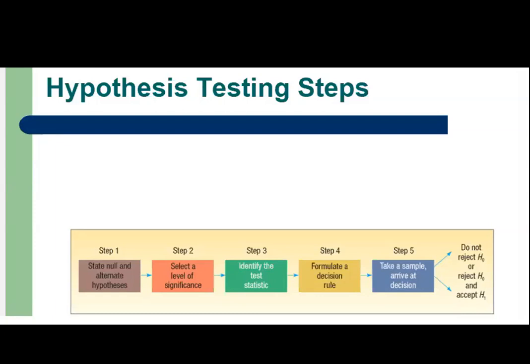For some problems, they will give you the confidence level required. If they say 95% confidence level, what would you do? 1 minus 95%, that's alpha, that's your significance. So this is the second step. We always want to know what the hypothesis test is, and then we want to know what the significance level is.